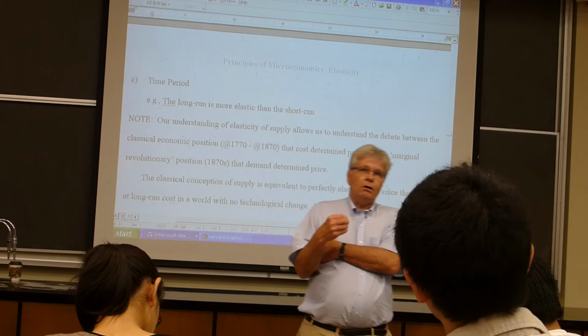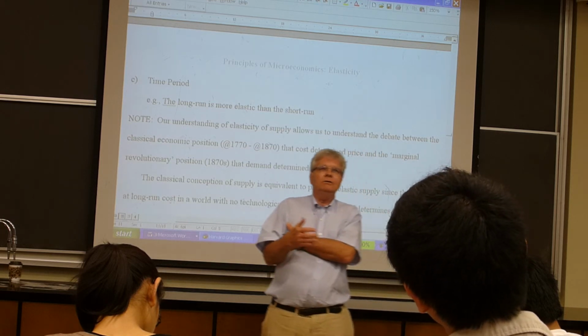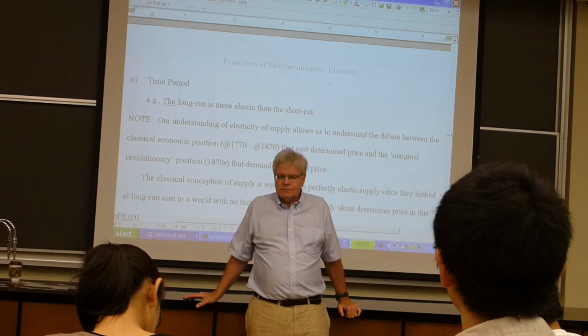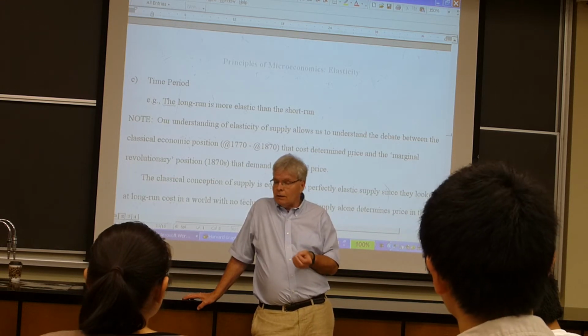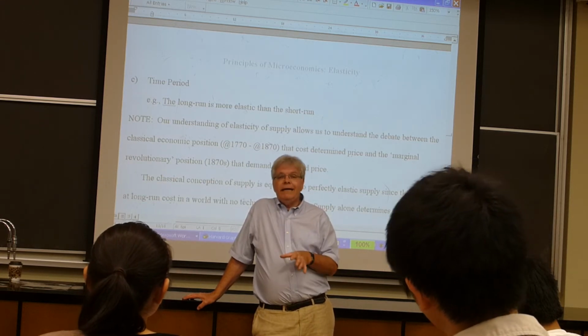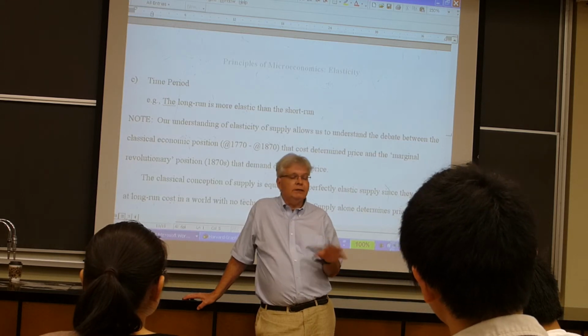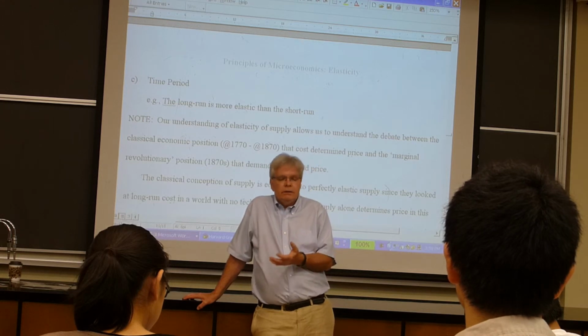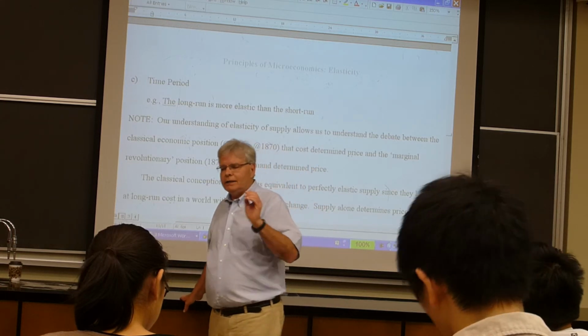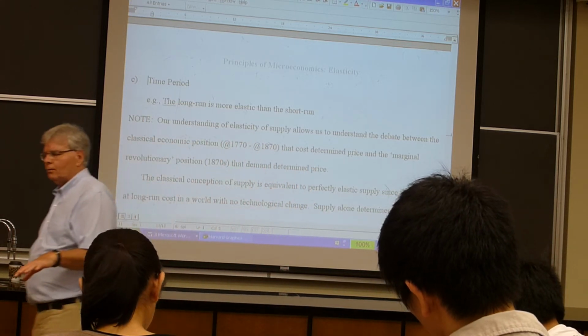But Marshall also pointed out an explanation for what was totally puzzling to economists. The classical economists argued that demand did not determine price in any way, shape, or form. Only supply determined price. For 100 years, they said supply determines price, demand has no role in price.